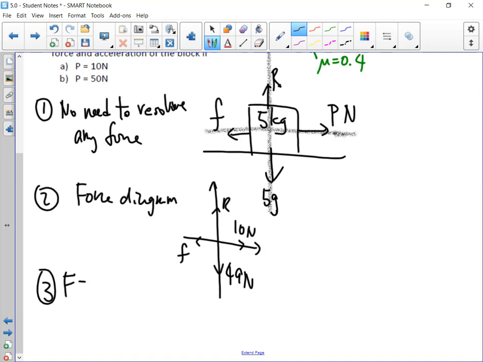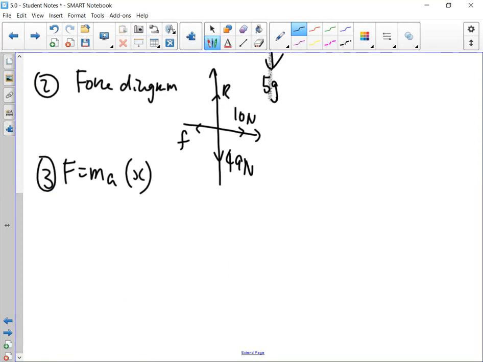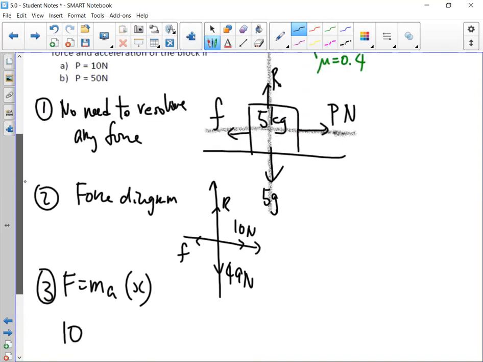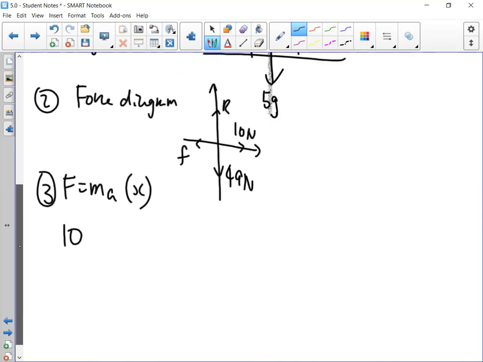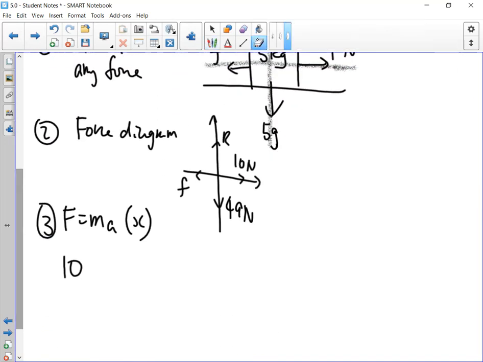Let's do F equals ma in the x direction because that's where the block will be moving. Actually, we don't do F equals ma in x first. Let's do F equals ma in y because we'll need the reaction.